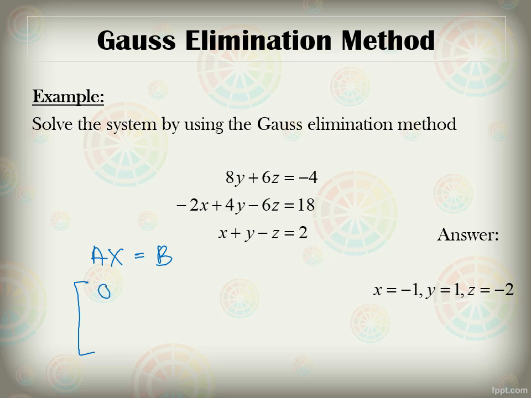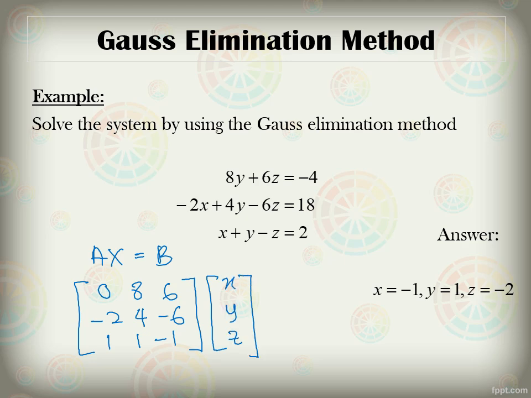So it is 0, 8, 6, minus 2, 4, minus 6, 1, 1, minus 1. That is your A. And your X consists of X, Y, Z. These are your unknowns.